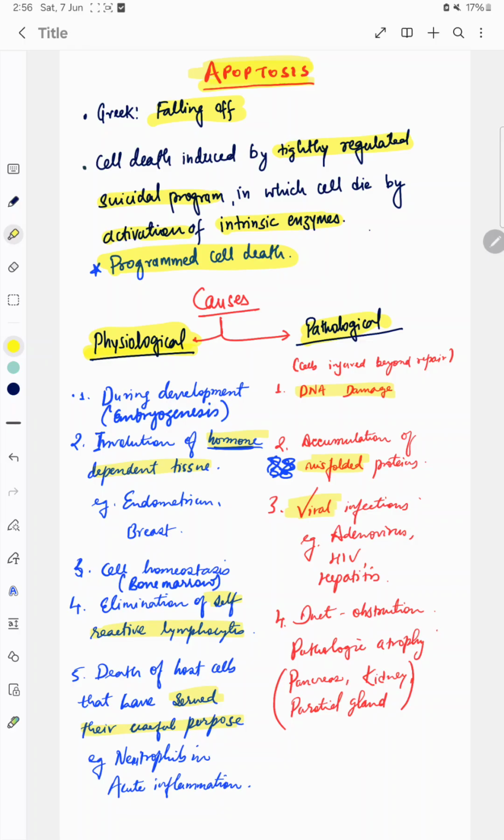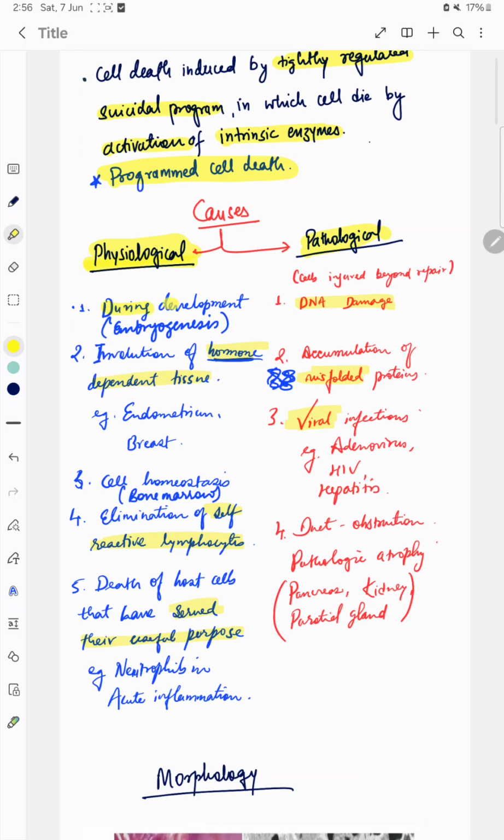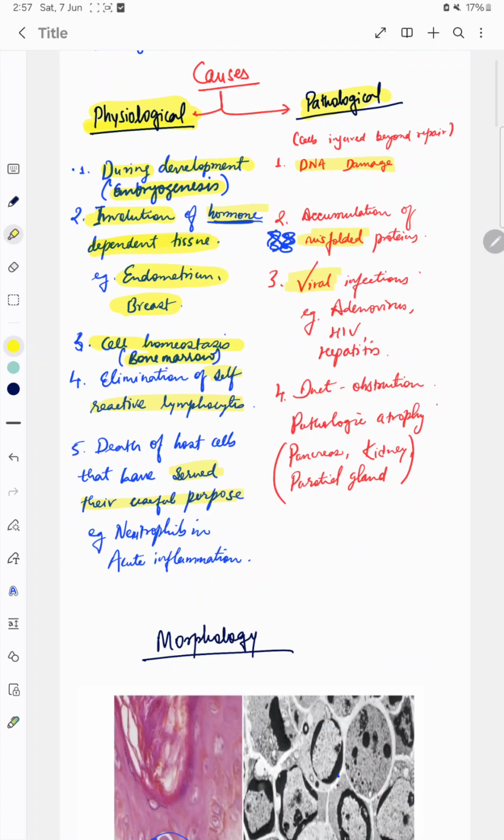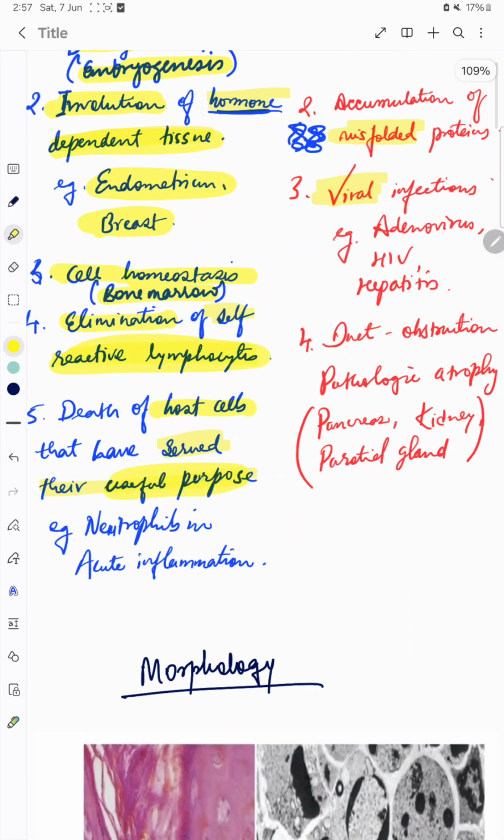This is seen in some pathological and physiological conditions. Examples of physiological apoptosis are: during development in embryogenesis; involution of hormone-dependent tissue like endometrium and breast, where involution is a decrease in size; cell homeostasis in bone marrow; elimination of self-reactive lymphocytes; and death of host cells that have served their useful purpose in inflammation, like neutrophils in acute inflammation.